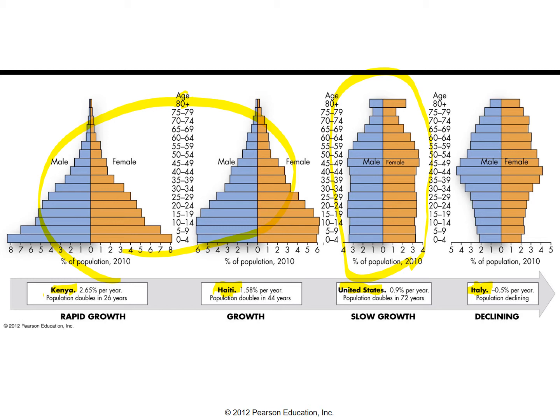In Italy, by contrast, in the youngest populations we have some of the smallest numbers of Italian residents. So that's one of the reasons it's anticipated that population numbers will continue to decline in Italy.